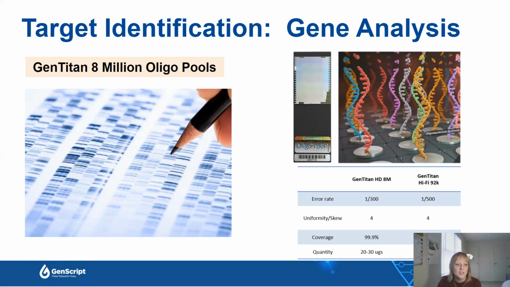So starting with gene analysis, many of our customers utilize the Gene Titan oligopool service because it allows them to screen a large number of genes at the same time. The oligopools are mixtures of oligonucleotides, which can be designed to target specific genes or gene families. Researchers can knock down the expression of multiple genes in parallel, which can help to identify which genes are involved in a particular biological process or the disease state.